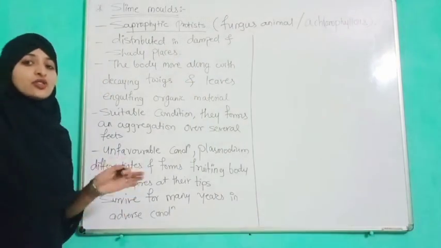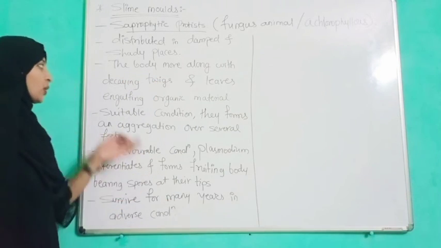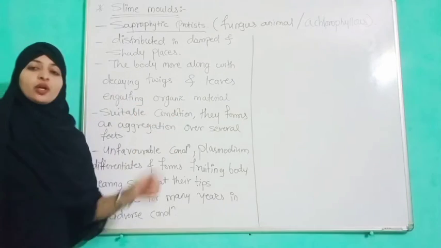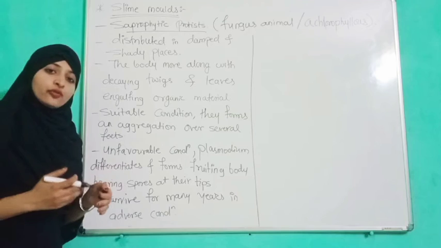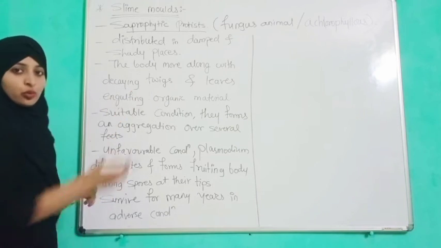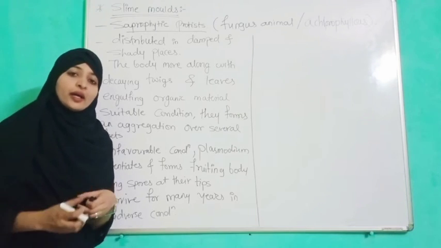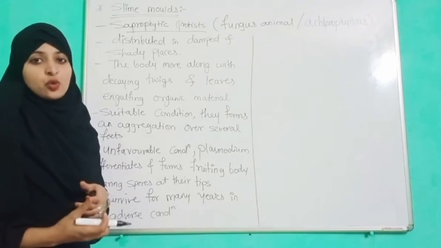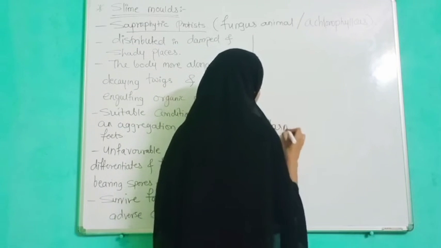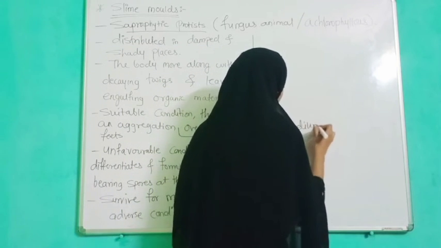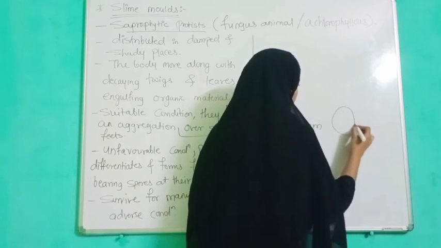Distributed in damp and shady places, the body moves along with decaying twigs and leaves, engulfing organic material. As it is an organism which feeds on dead and decaying matter, it moves with it. If the condition is suitable, they form an aggregated body known as a plasmodium, which can move several feet.